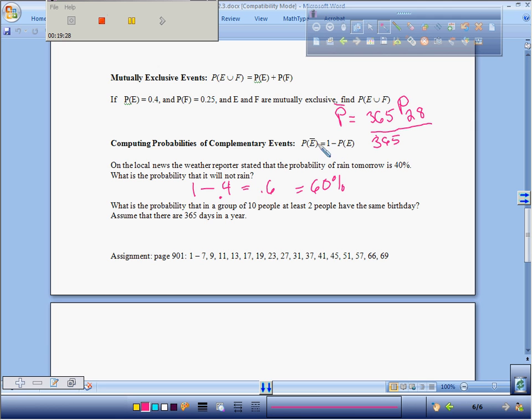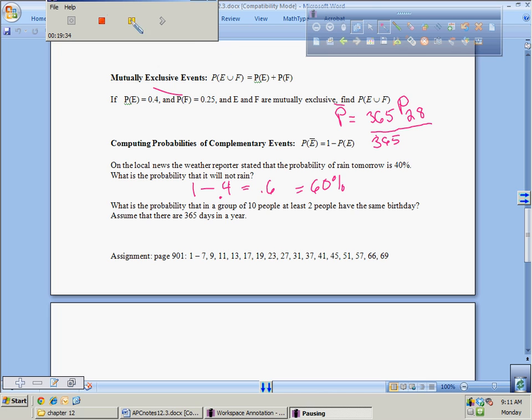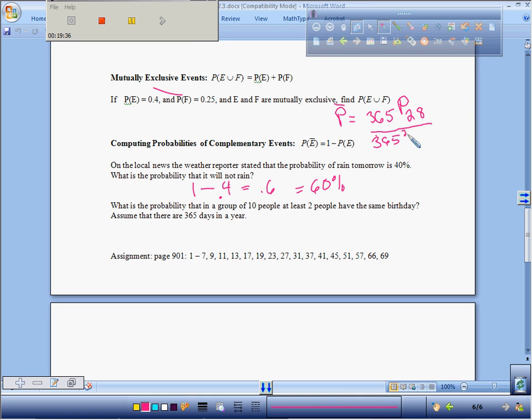Wait, let me look at my notes. You would have 365 raised to the 28th power, because you could have a birthday on any of 365 days of the year.